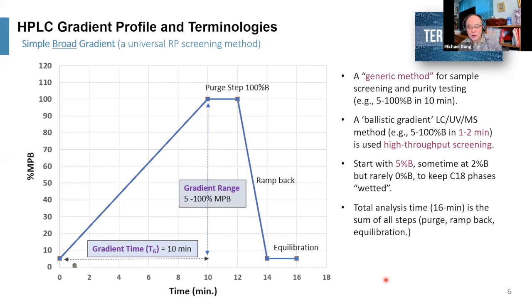So every time your autosampler injects a sample, 16 minutes later it's ready to inject another sample, right? And then you need some time for the autosampler to clean itself, right? So 16 minutes is the total analysis time. It's not just the gradient time. But the total analysis time is always dependent on the gradient time. The gradient time dictates the analysis time plus some of the purging time.